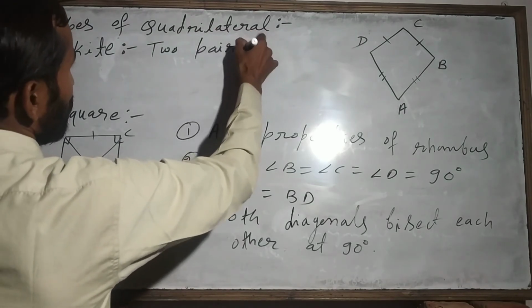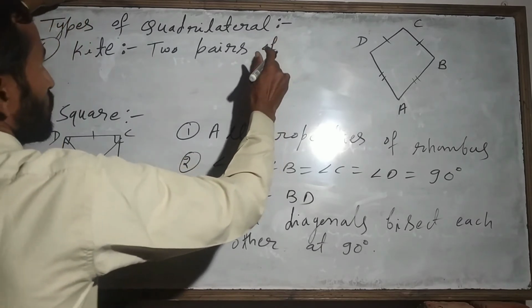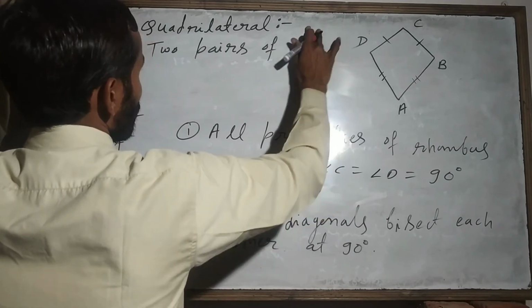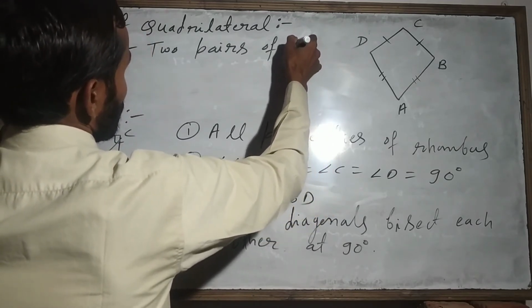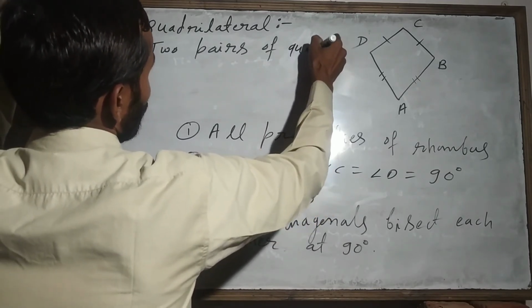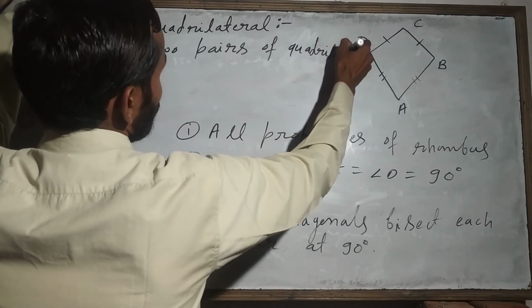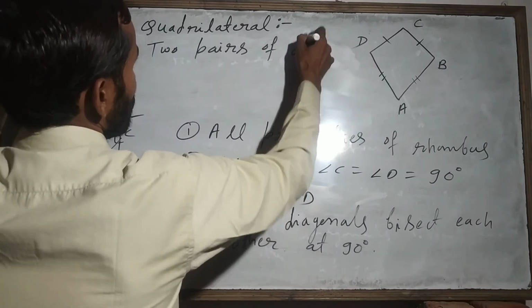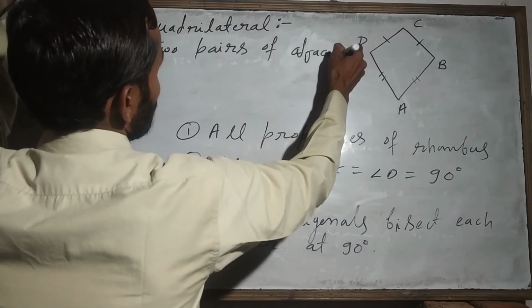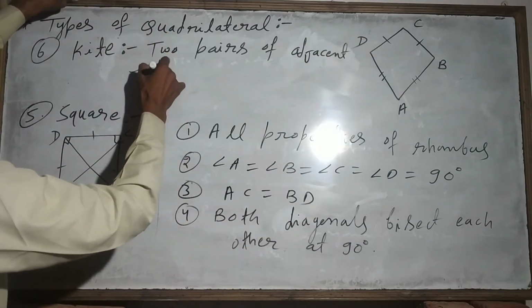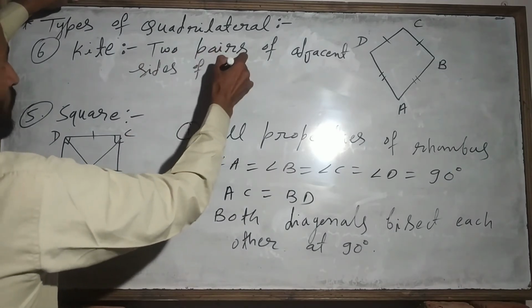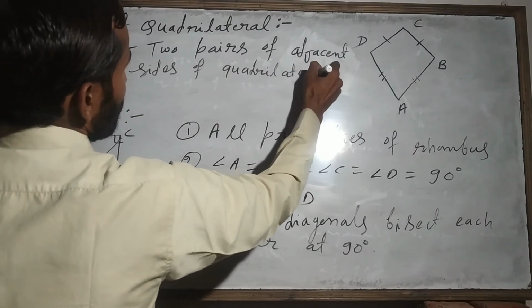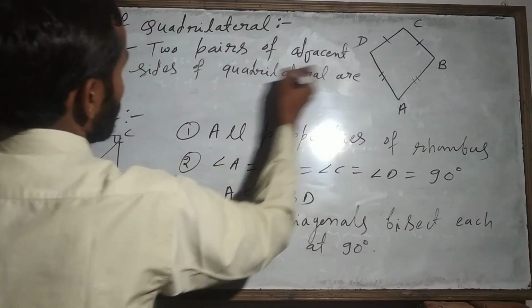Two pairs of adjacent sides of the quadrilateral are equal.